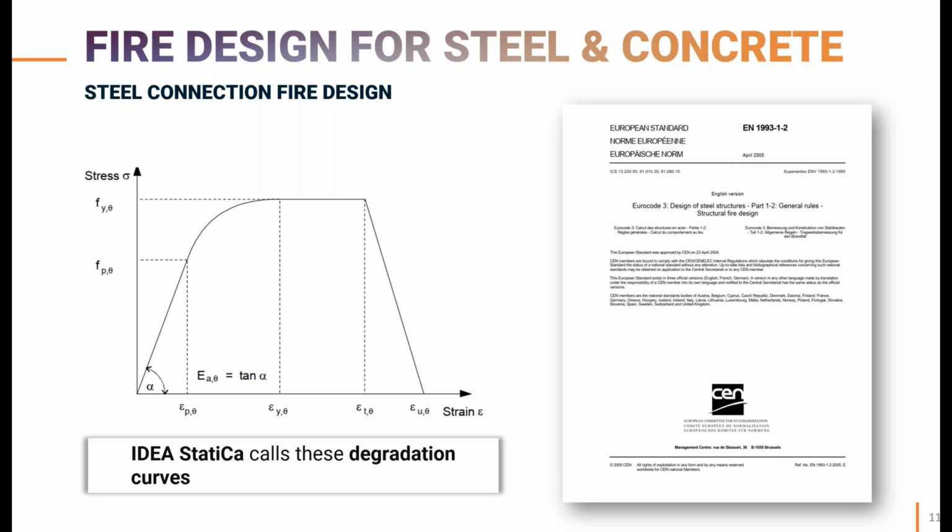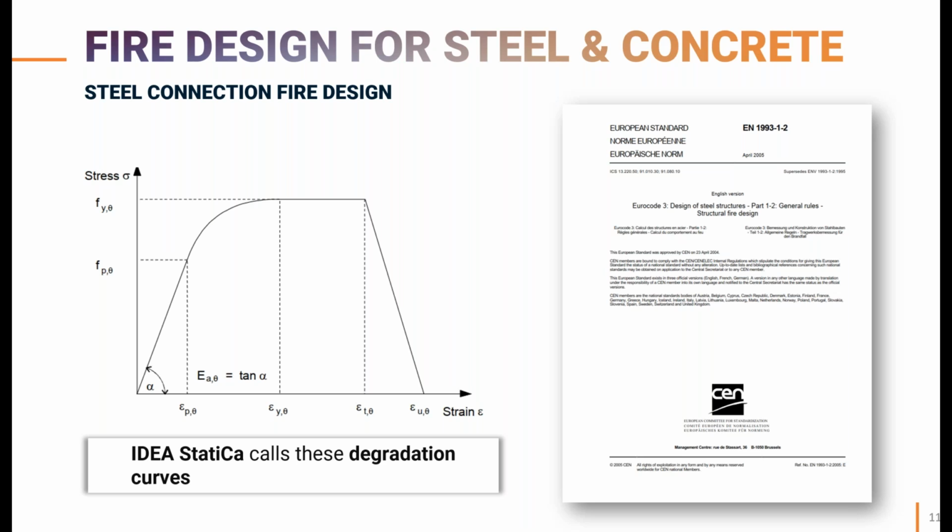In general, this relationship is displayed in this graph. Basically, there are many such graphs contained in the code. I will show you some of them in the upcoming slides.